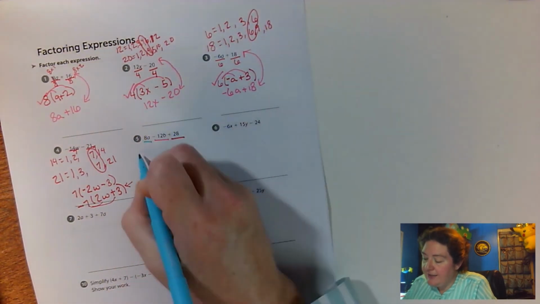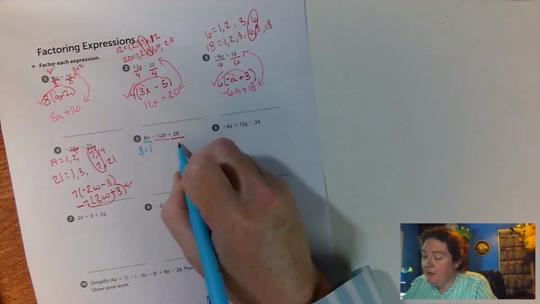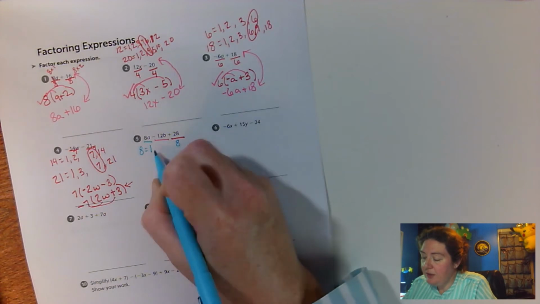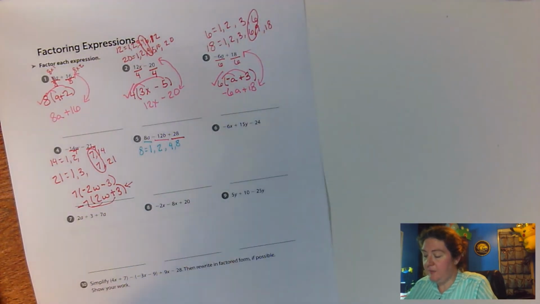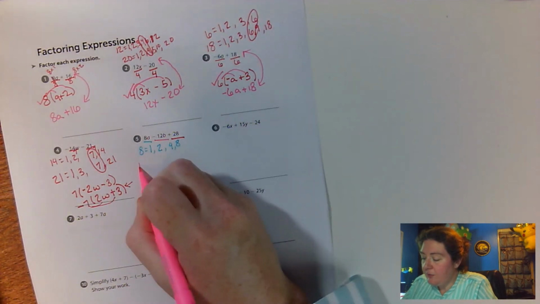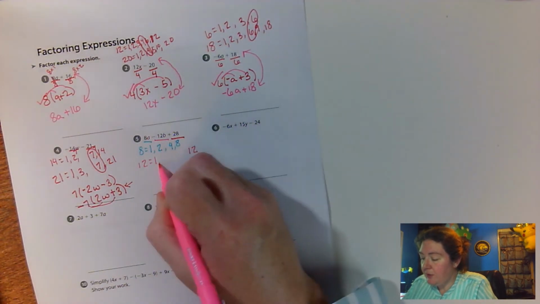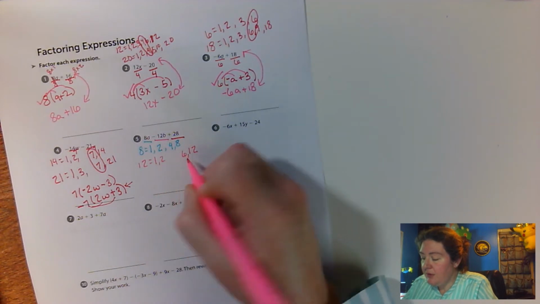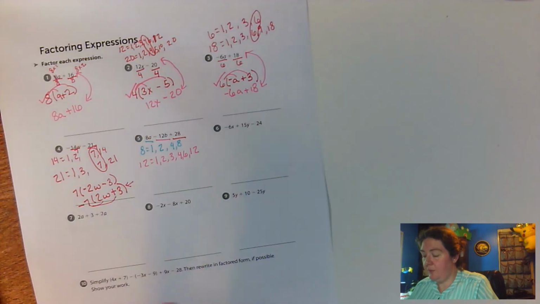So for 8, what are my factors? 1 times 8 and 2 times 4. That's it. For 12, 1 times 12, 2 times 6, and 3 times 4.